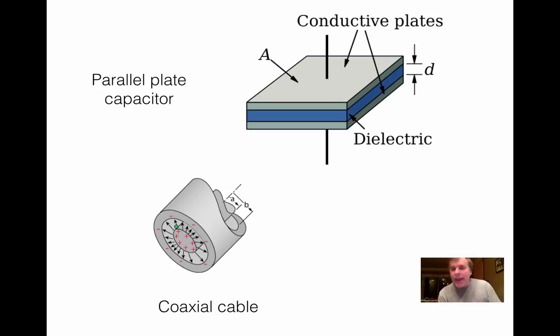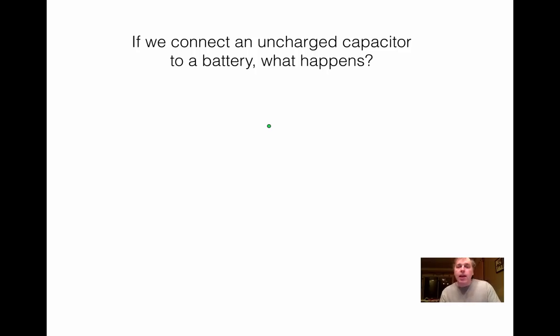They're separated by air or something else. In that case, you can put charge on the inner cylinder and charge on the outer cylinder, but charges cannot jump across the two cylinders. This is also a form of capacitor. But for us, we'll focus on the parallel plate form because that's much simpler to work with and to visualize. So this is the simplest type of capacitor.